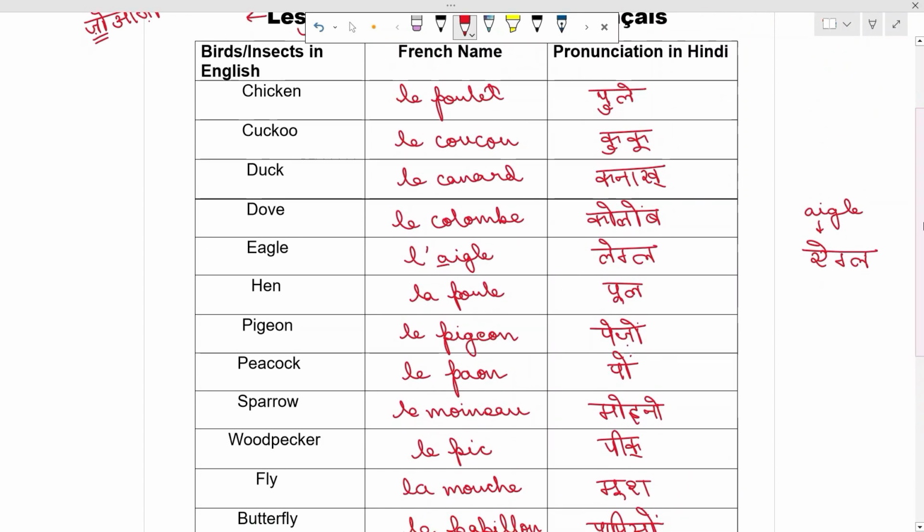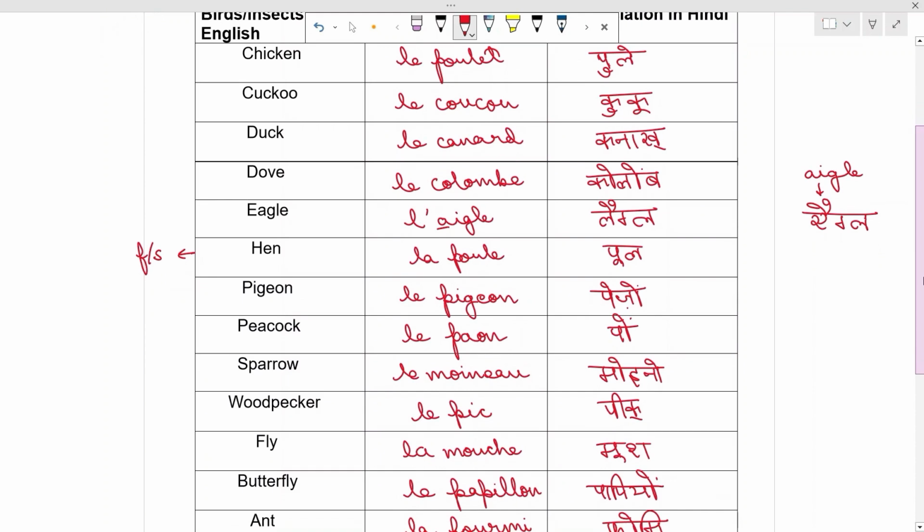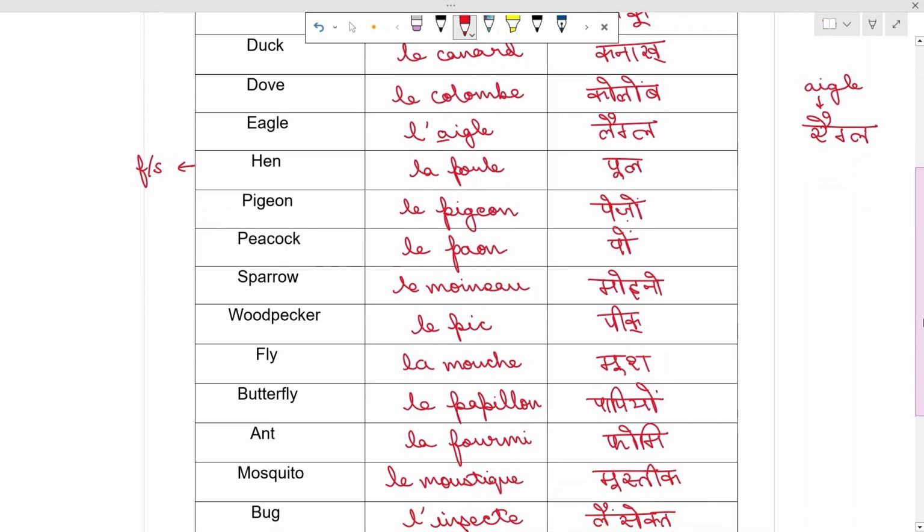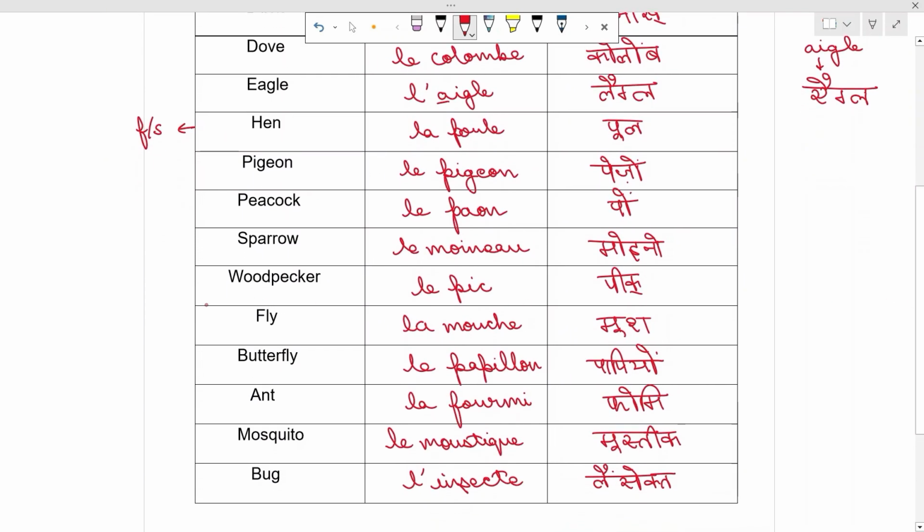The pronunciation, I'm repeating the pronunciations. Kindly repeat after me. Le poulet, le coucou, le canard, le colombe, l'aigle. The pronunciation here is l'aigle and here aigle. La poule, this is feminine singular. Le pigeon, le paon, le moineau, le pic.